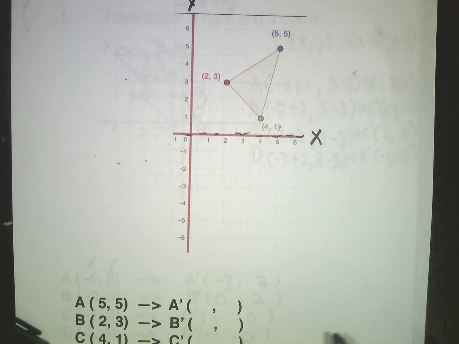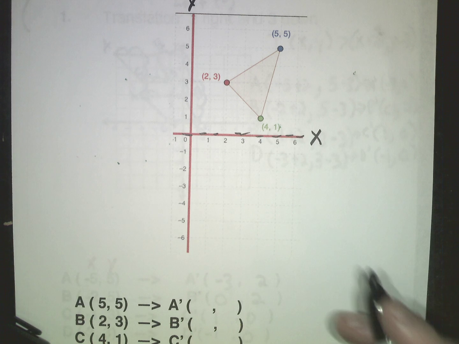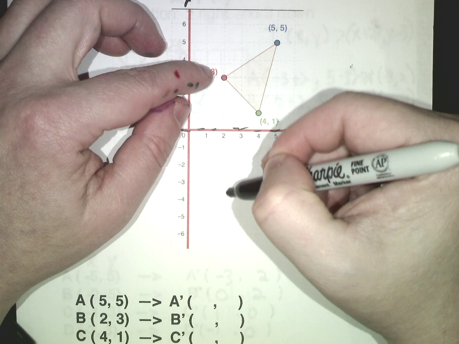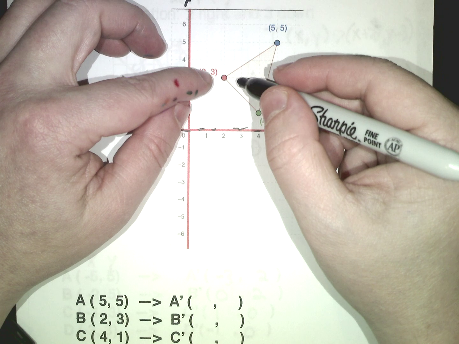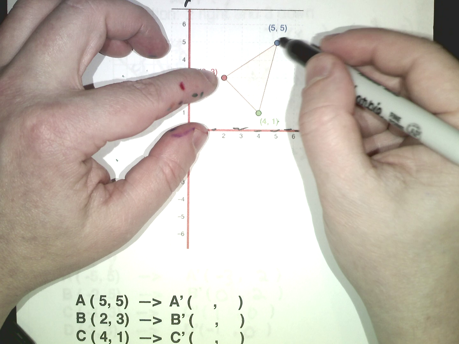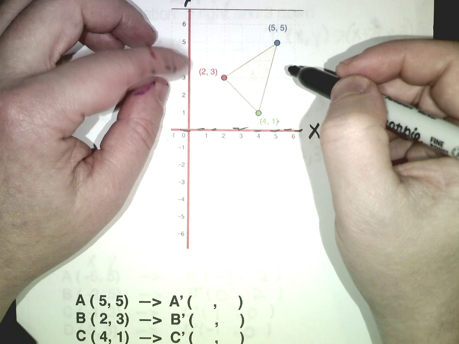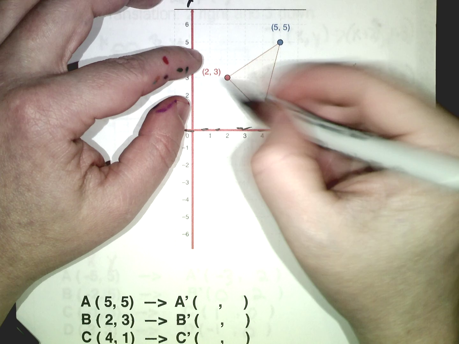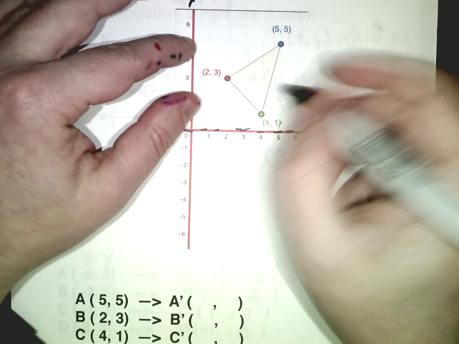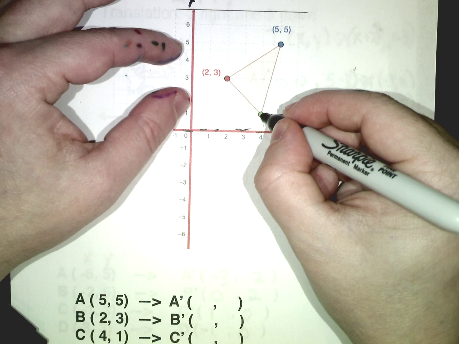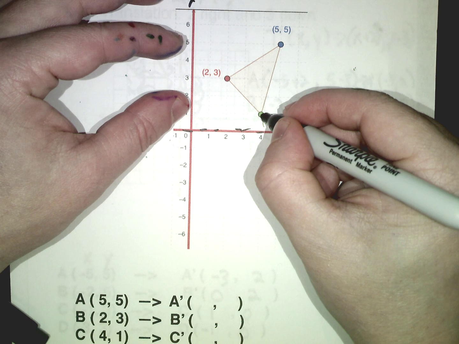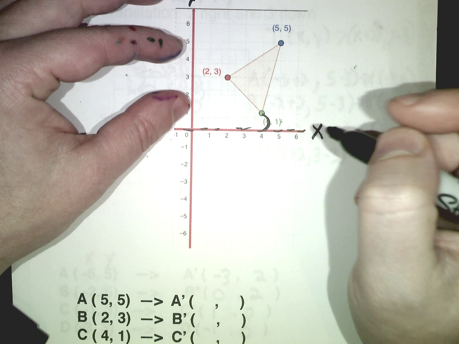Now, if you notice, as I'm reflecting, the x's stay the same. All my x's are going to be the same. We'll see when we're done here. So first one, I am at 1 on the y, right? I am 1 away from the mirror.